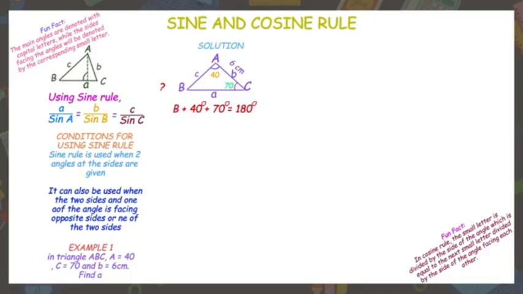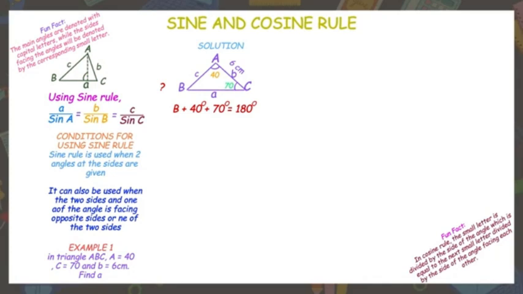Let's say B is unknown now. That is B plus 40 degree plus 70 degree is equal to 180 degree. So the reason is the sum of angles in a triangle is equal to 180 degree.